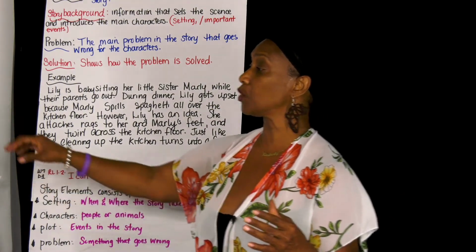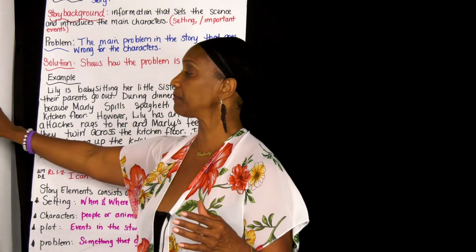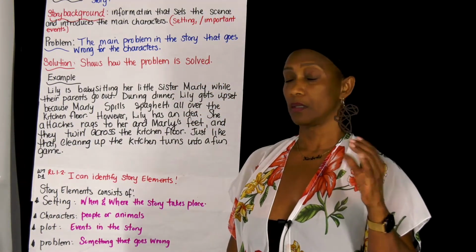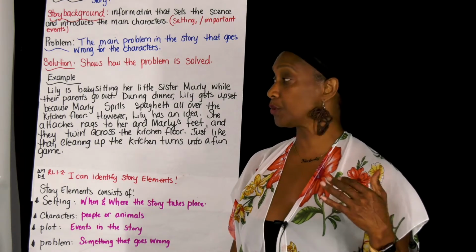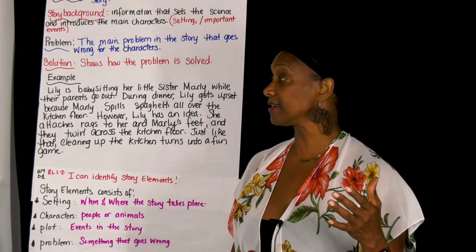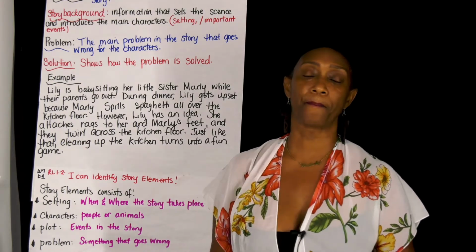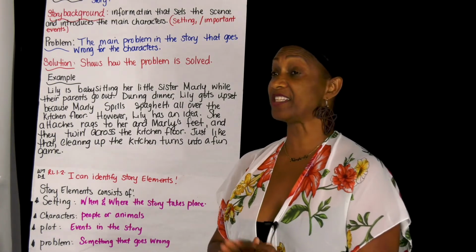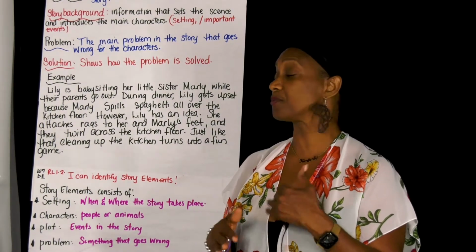A problem and solution structure explains a problem and offers a possible solution. Some clue words you're going to look for in here are issue, question, puzzle, answer, suggest, solve, or fix. A compare and contrast structure: sometimes when authors write stories, they build it in a compare and contrast structure.